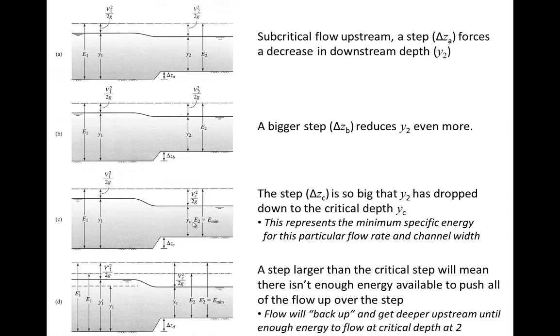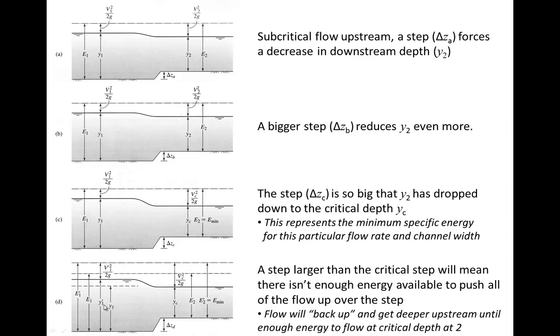So a step larger than the critical step, this now delta Z sub D, means that initially we had energy E1. The water will pool until it reaches enough energy, E prime 1, that will lead to some new depth, Y prime 1. The Y1 is the before flow depth, Y prime 1 is the after flow depth.